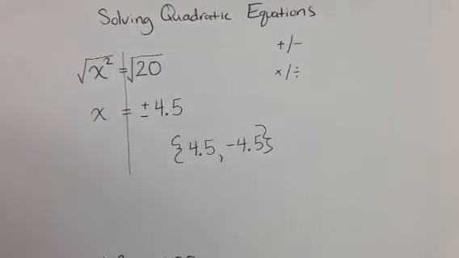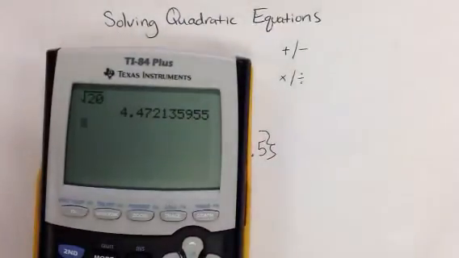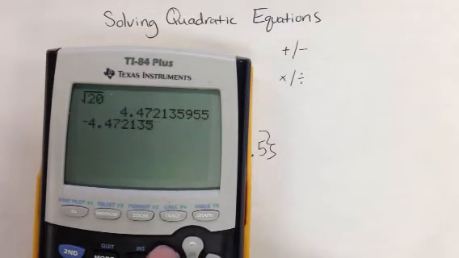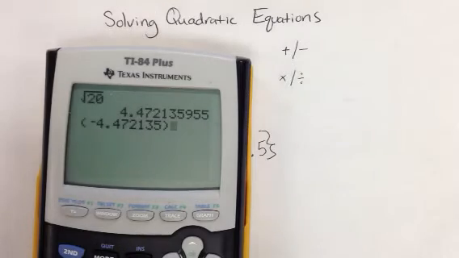Okay, so remember there will always be a positive and a negative, because if I do negative 4.5, I'm just going to put in a few of these. I'm curious if it's going to get me 20. Let's see. Oops. Remember, when you square a negative, you need parentheses. Okay, so square it.